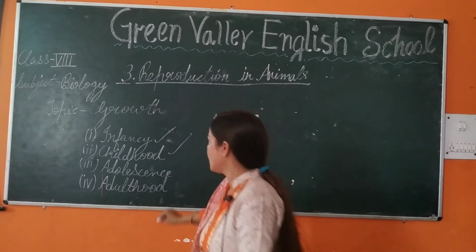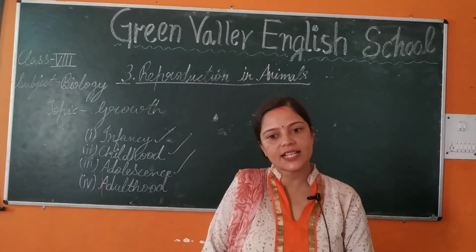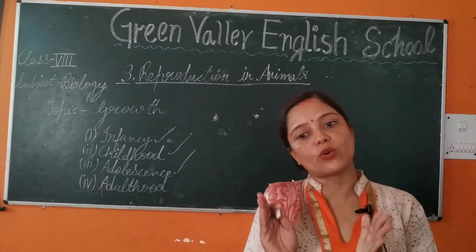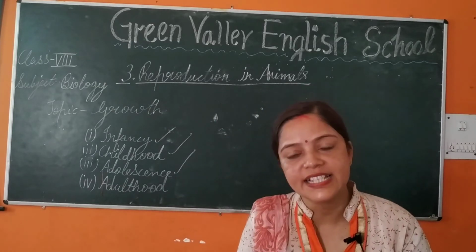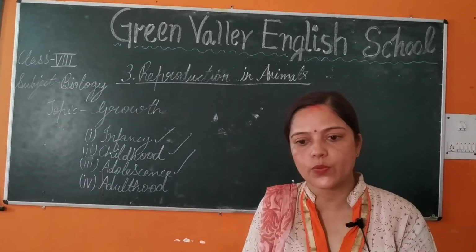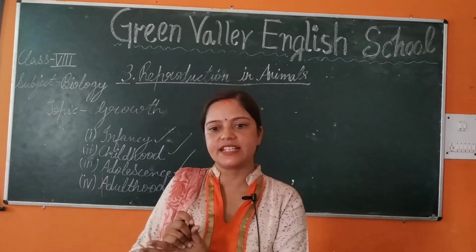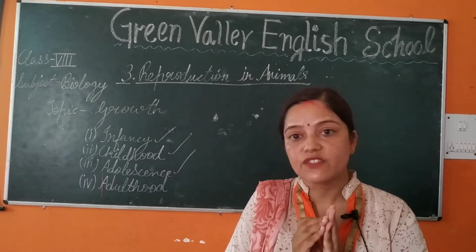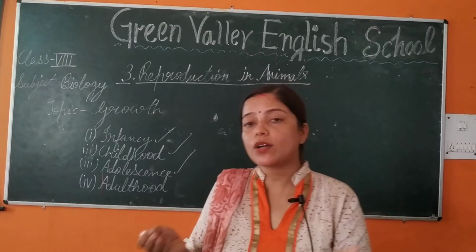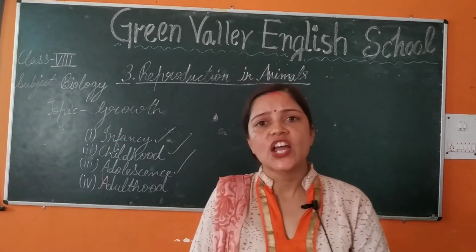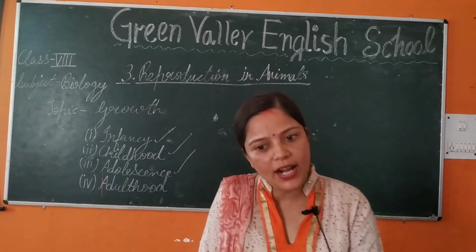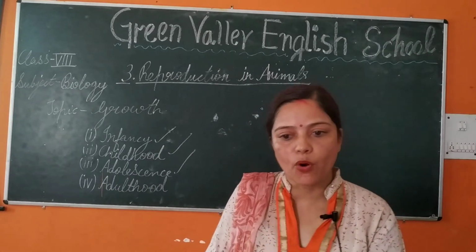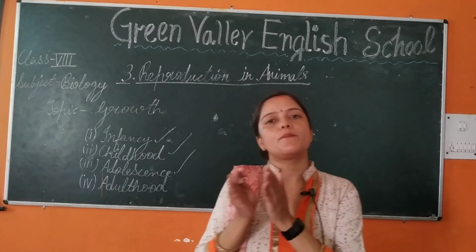And now adolescence. What is adolescence? You all are going through the adolescent stage. This stage is between 11 to 19 years. Puberty occurs in this phase. Now the question comes, what is puberty? The age at which the production of sex hormones and the reproductive cells starts in a boy or a girl is called puberty.